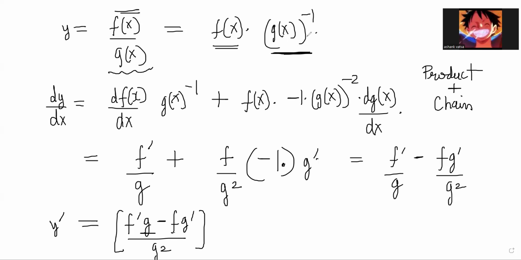Right? So you should remember quotient rule directly, but you should also realize that you don't need to remember it because it is coming by product rule plus chain rule. Are you understanding what I'm saying? Okay, so these rules of differentiation are more or less what you need.